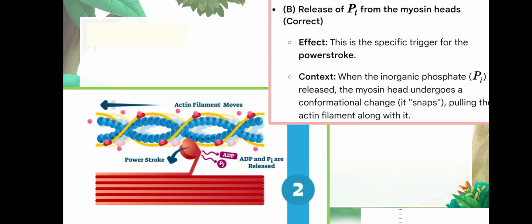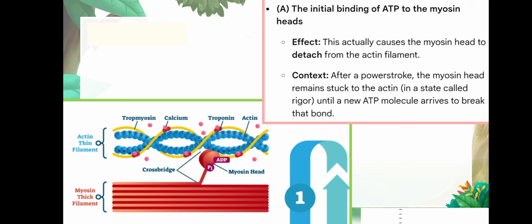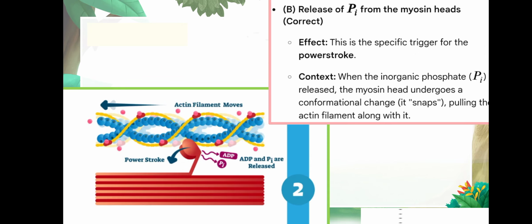And release of Pi: here you can see it gets released from the actin molecule and reattaches itself to the actin molecule when a new ATP molecule is brought or utilized, isn't it? And when ATP is utilized, ADP and Pi are released, but what is released first?